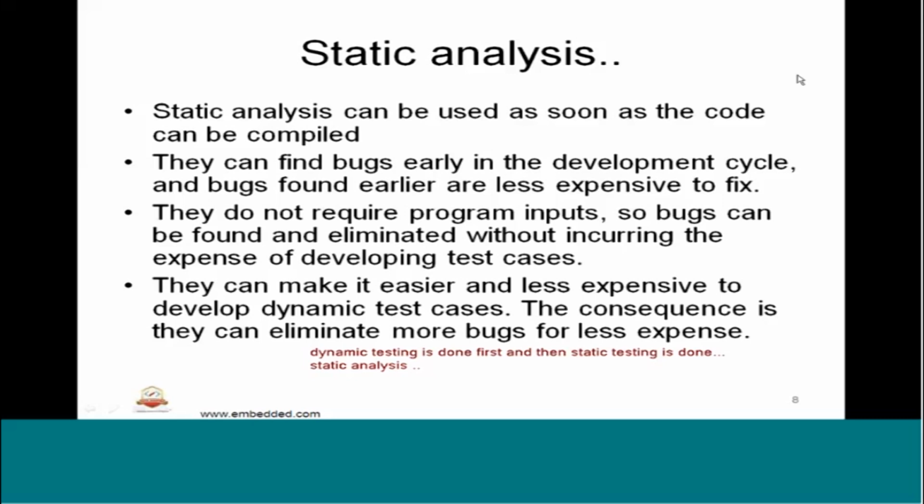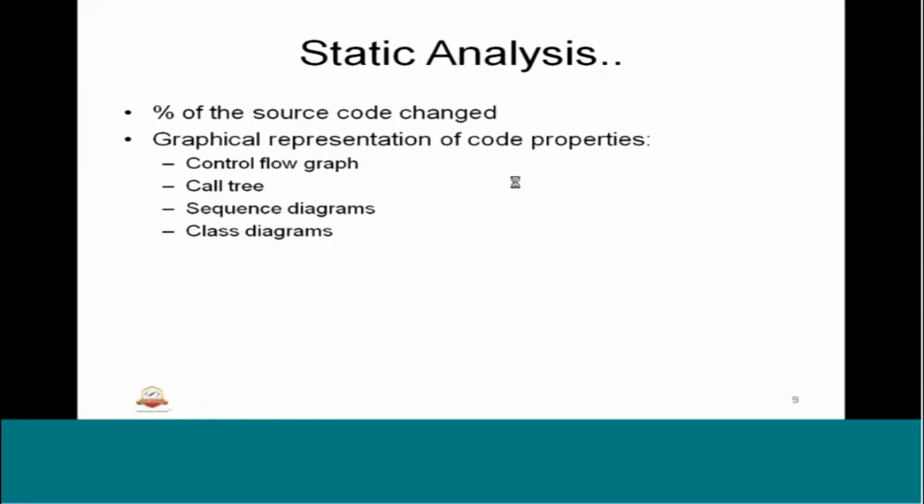During static analysis, the things that we can do are: find the percentage of the code that has been analyzed, what is the change that is going to happen, and the various analysis aspects of the source code where the potential issues are. All this can be analyzed with the help of tools.